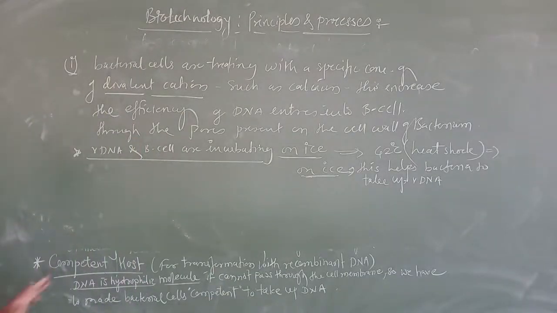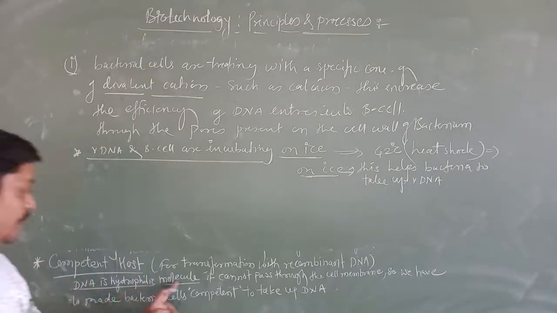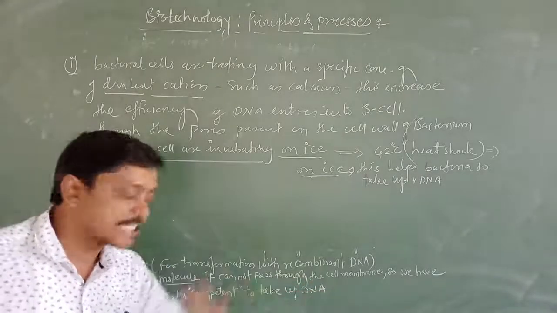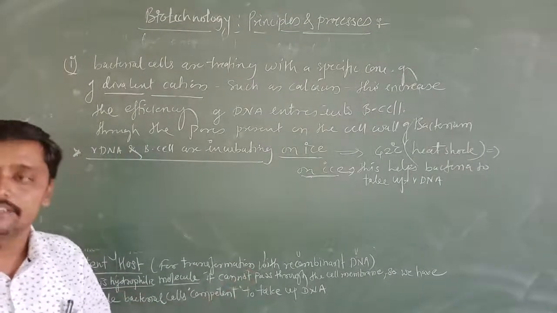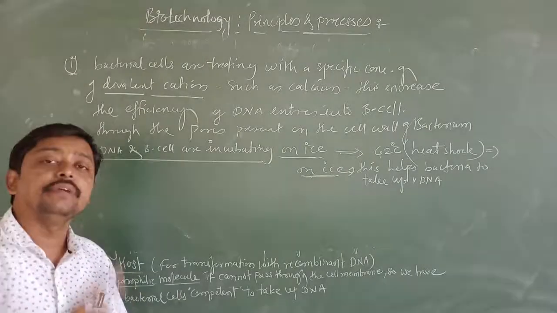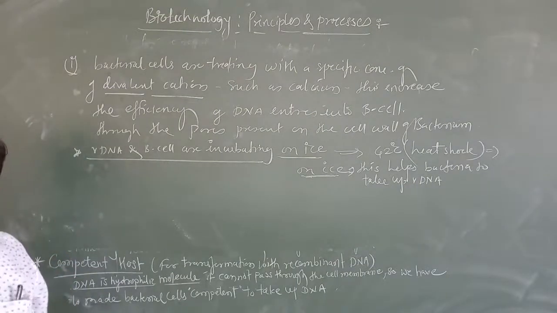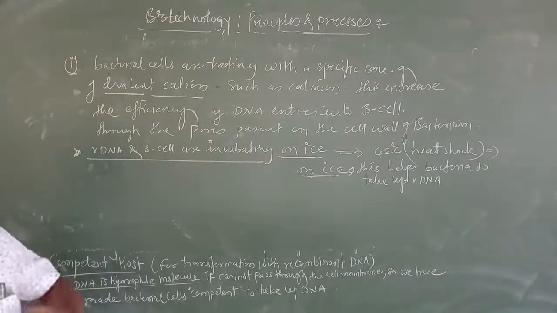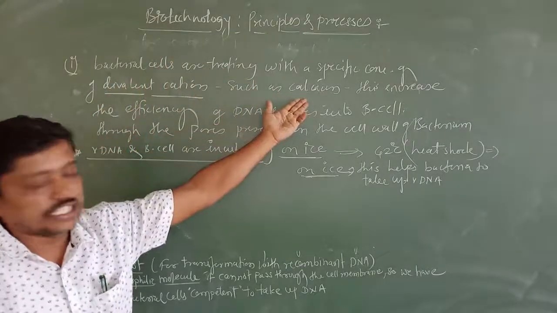What I told you: the DNA is a hydrophilic molecule. It cannot pass through the cell membrane. We have to make the bacterial cell competent to take the DNA. How are we going to make the bacterial cell competent? The first method is to treat the bacterial cell with a specific concentration of a divalent cation such as calcium.